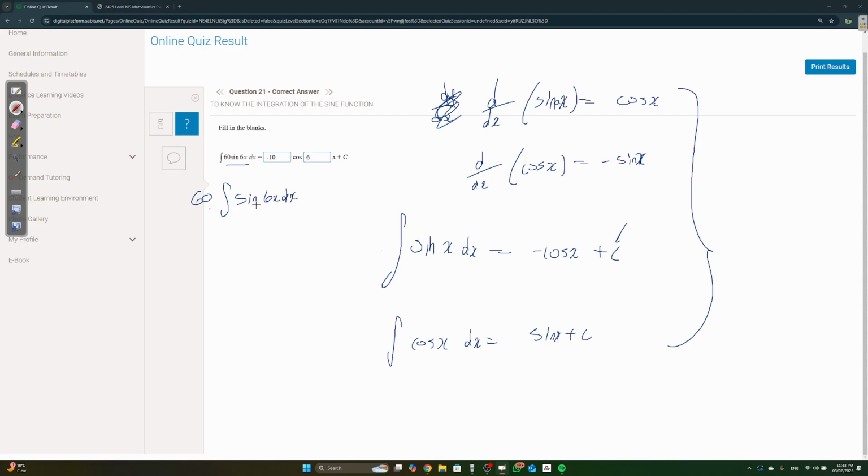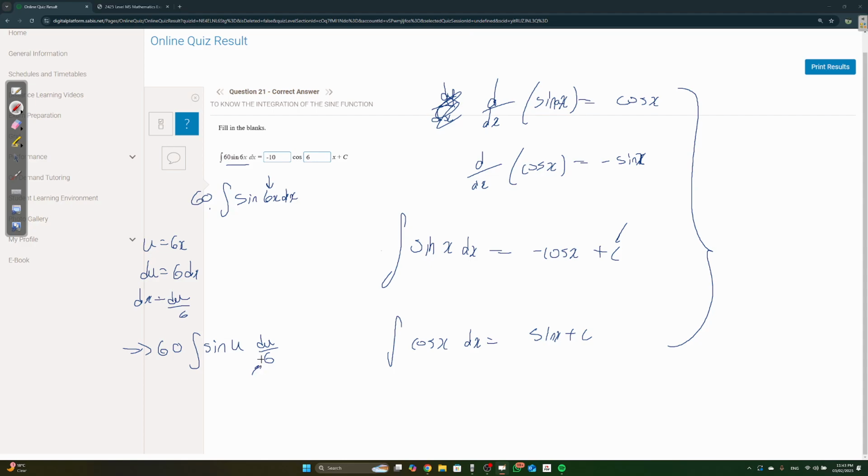You have more than one value inside. And what do we use? I usually use, on this channel, substitution. So dx is equal to du over 6. So it's going to be 60 integral sine u du over 6.